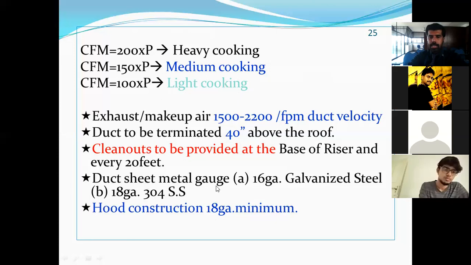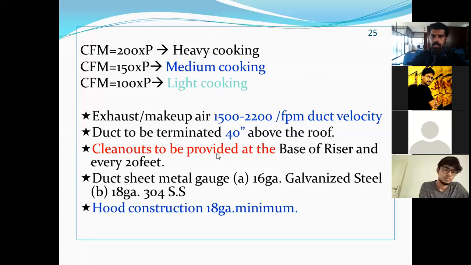Now, duct sheet metal gauge. This gauge means the thickness of the duct material. Mainly we'll be using galvanized iron, though there are different materials for ducts. Gauge means the thickness of the duct.